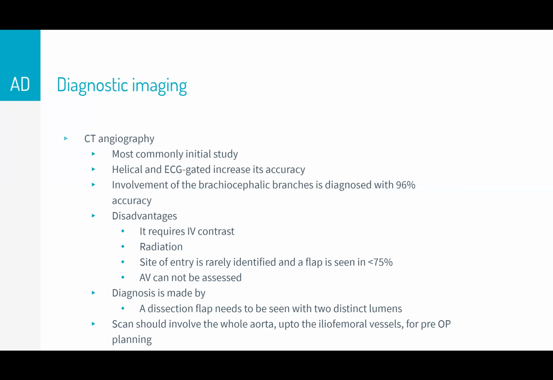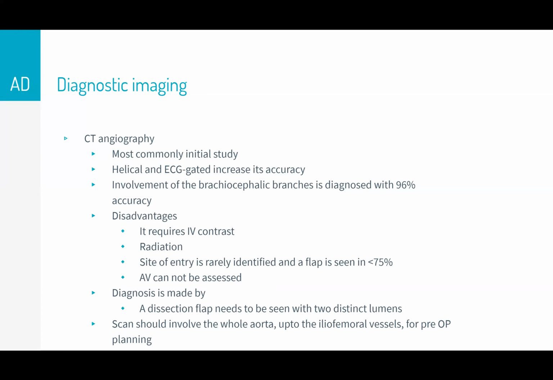The second modality we can use is the CT angiography. It's the most commonly used initial study. The best is the spiral or helical and ECG-gated CT scan.